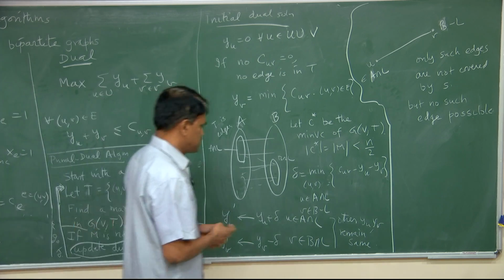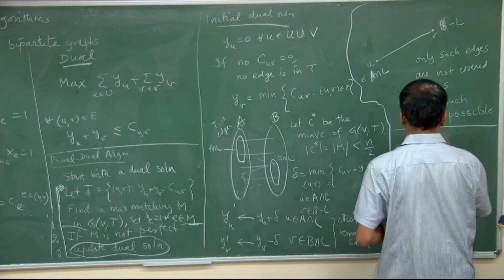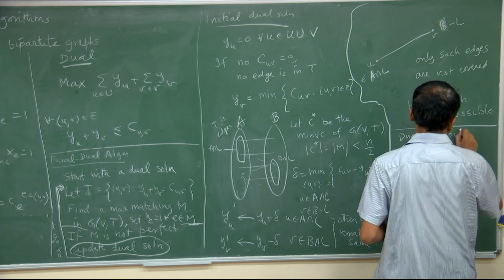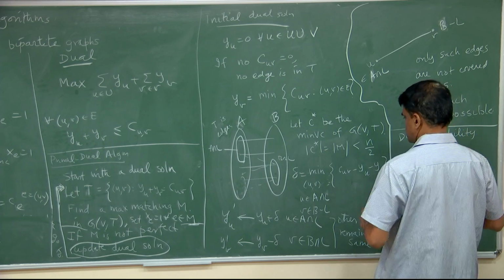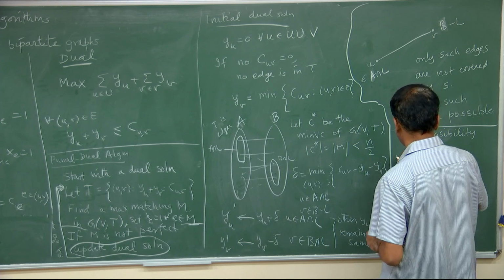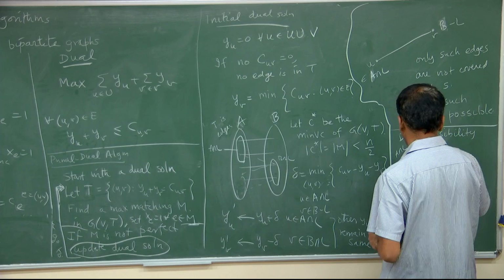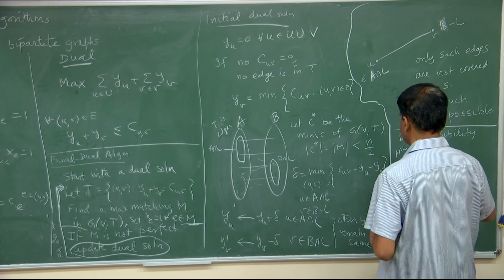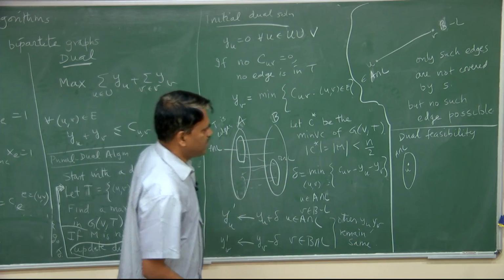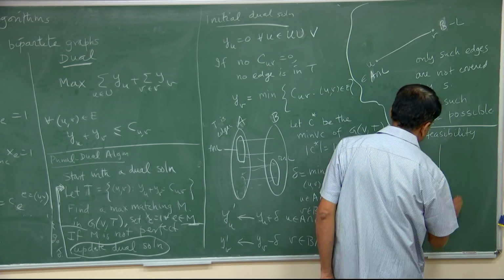Okay, so dual is... I am going to only worry about A intersection L edges. I have a U here because these guys have a delta increase. I want to see what are the other edges and how are they feasible, right?